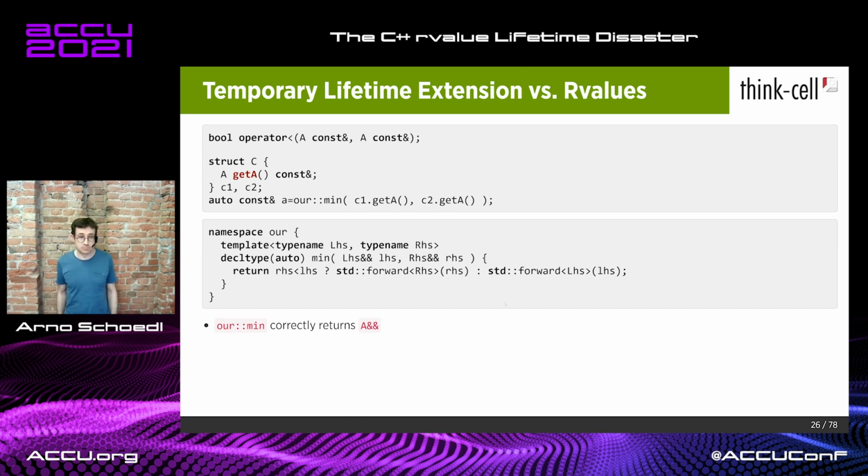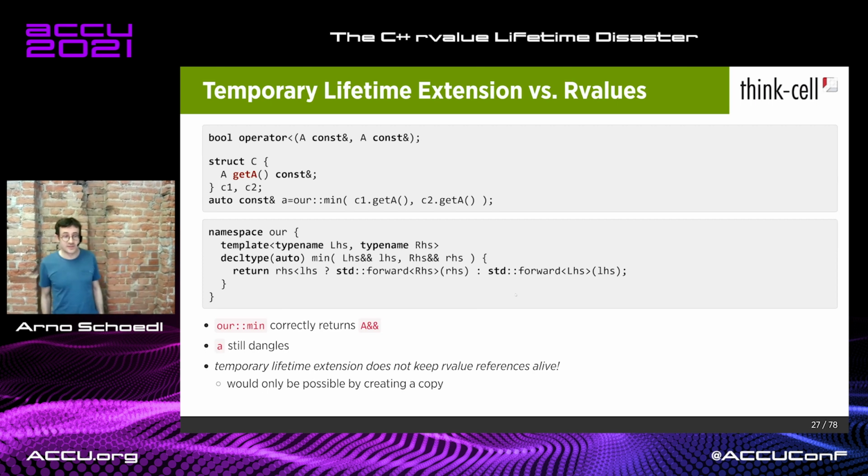So that's what I did here with the little implementation of our minimum. It just takes the left-hand side and the right-hand side by a universal reference and then forwards. And if you do that with the code above, then our minimum would actually return an A R value reference. So something that indicates that the lifetime is limited of what's being returned.